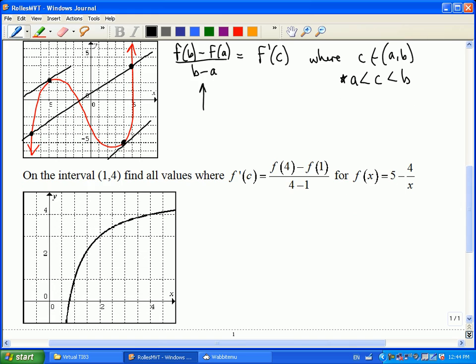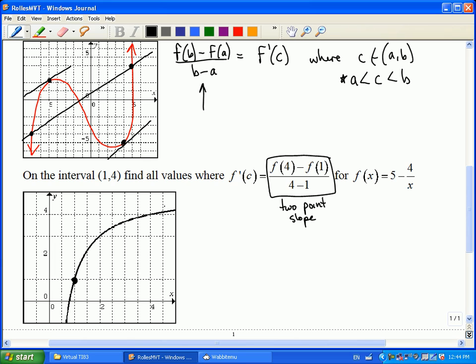So here's an example of finding the one guaranteed. On the interval from 1 to 4, find all values where the derivative is equal to the slope between the 2 points. So what you should recognize here is a slope between 2 points. So let's go ahead and calculate it.